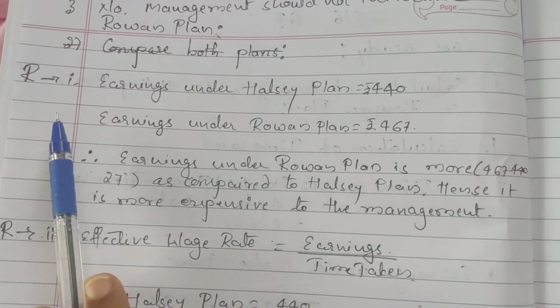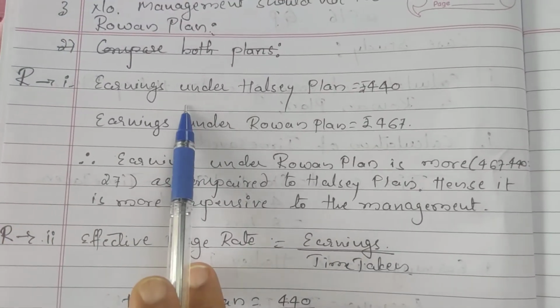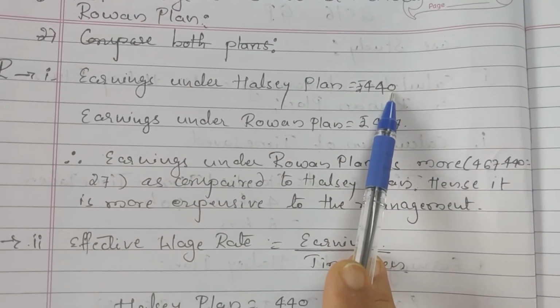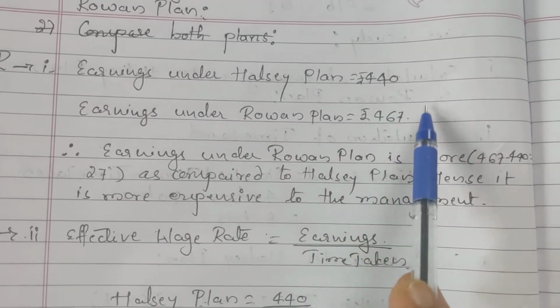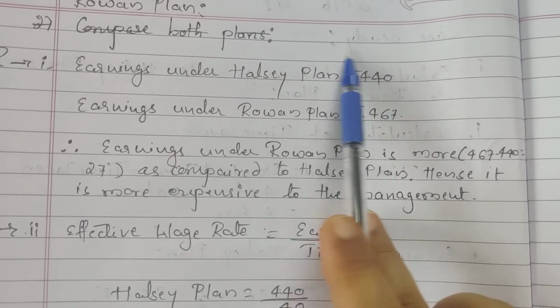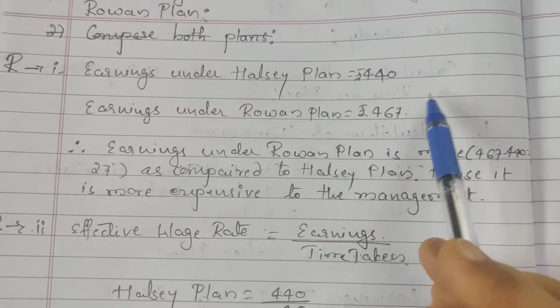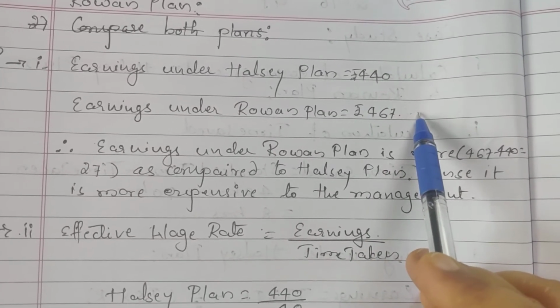Why? Reason 1. Earnings under the Halsey plan are 440 rupees. Earnings under the Rowan plan are 467. Here is the answer. The Halsey plan is less costly than the Rowan plan. You have to pay 27 rupees more per worker in the Rowan plan.